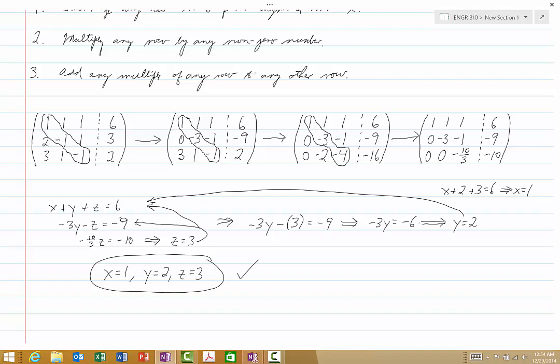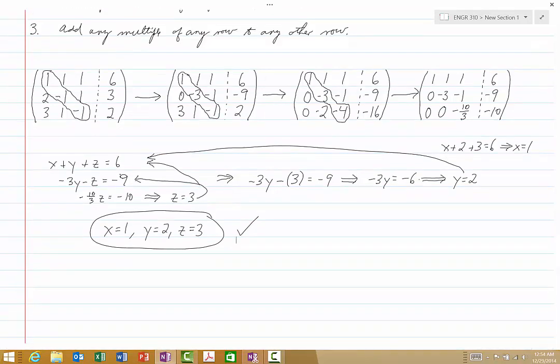So let me look at this very same problem again, but in a slightly different way, to show you how you could avoid that. So we'll start off again with 1, 1, 1, 6, 2, negative 1, 1, 3, and 3, 1, negative 1, 2.